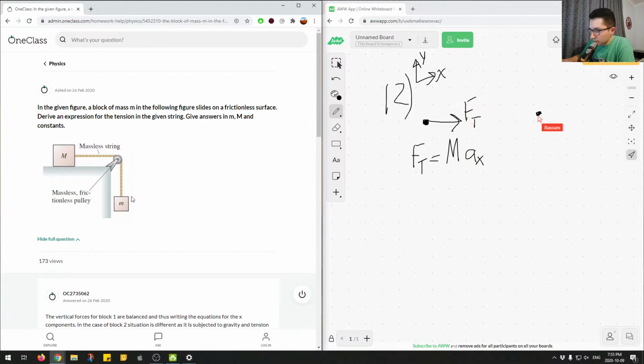So we have this mass over here, and then we have the force of gravity, so Fg, and then we have the force of tension, Ft. Because the rope is connected, we know that the force of tension here and the force of tension here is the same.